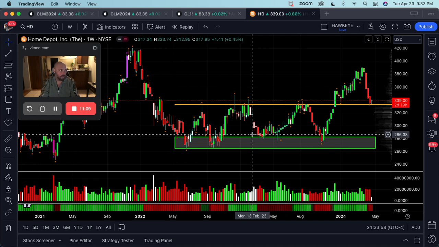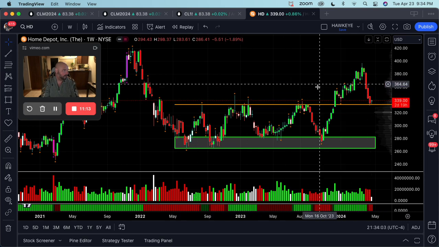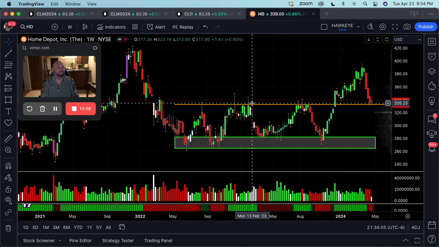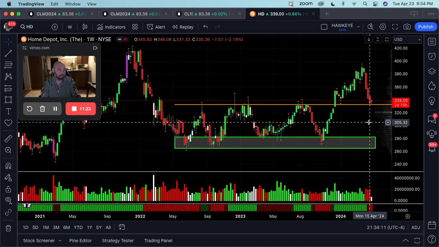You should be able to mark up a chart and go, okay, I drew one single line here and price reacts to it a whole bunch of times. It's pretty meaningful, I should probably leave it on the chart. Or I drew a demand zone here and price reacts to it several times. I should leave it on the chart because price may react to it again in the future. Now, that's just the beginning.